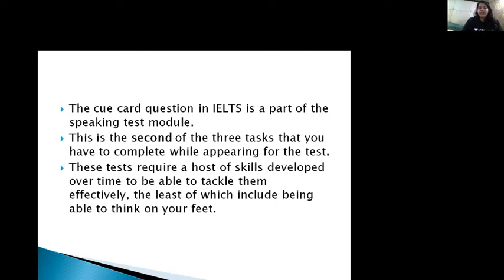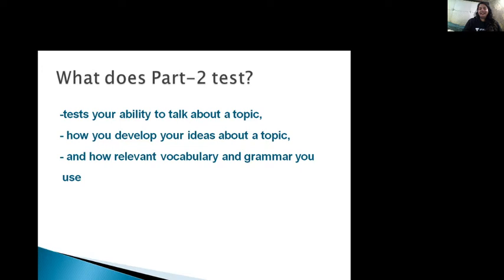And these tests require a host of skills developed over time to be able to tackle them effectively, the least of which include being able to think on your feet. Definitely. Now, what does part 2 test? Number 1, it tests your ability to talk about a topic.